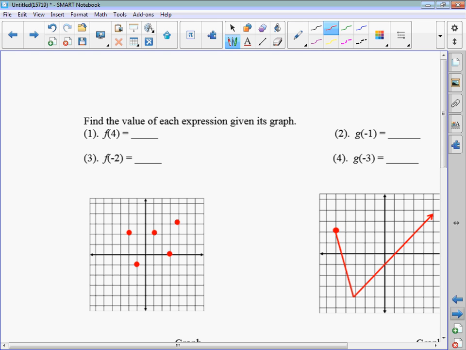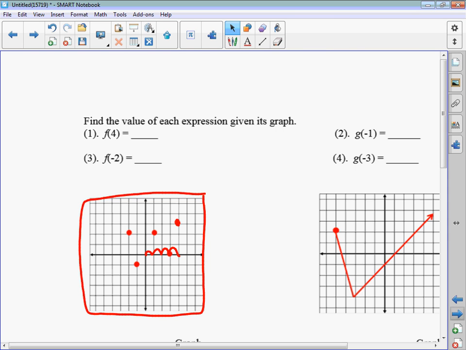And now we're just looking at a couple of these with a graph involved instead. So this says the function at x equals 4. So f of 4 equals, and what I'm going to do is come down to this graph and find where x is 4. 1, 2, 3, 4. The point is right up here.